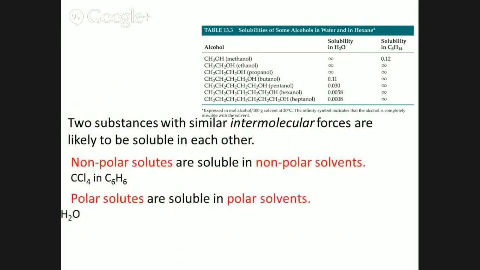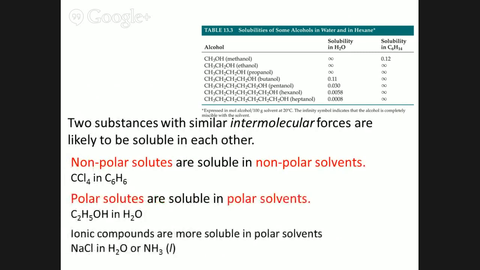Now, generally speaking, how do we know what dissolves in what? What it comes down to is like dissolves like. Well, like what? Basically, these break down into two groups, the polar substances and the non-polar substances.